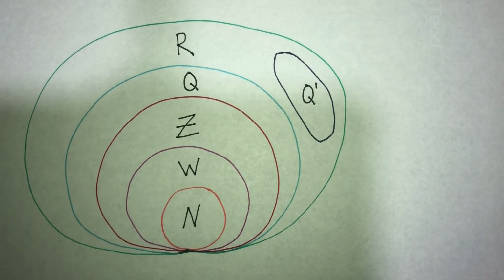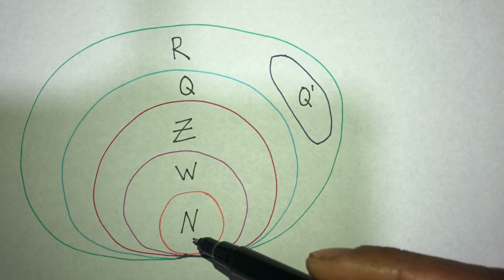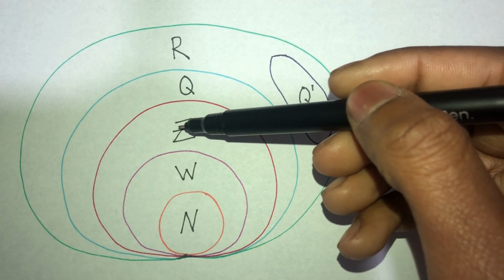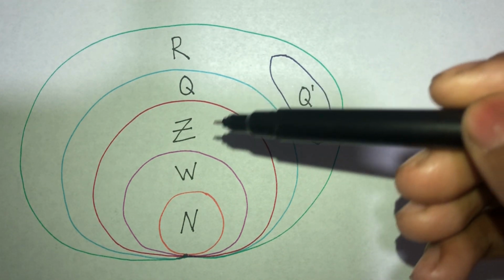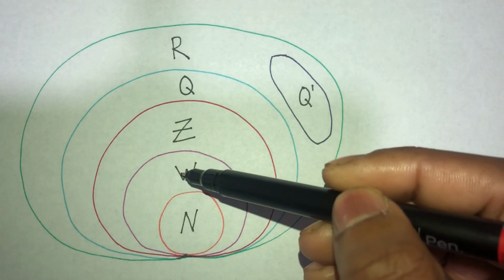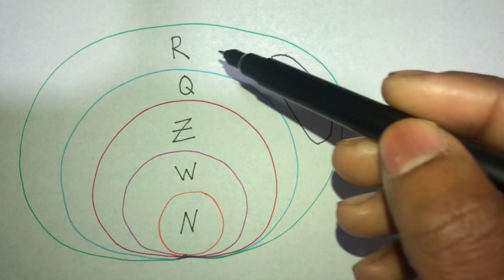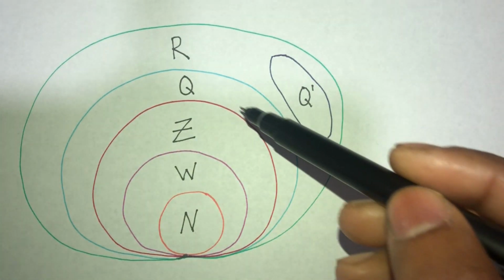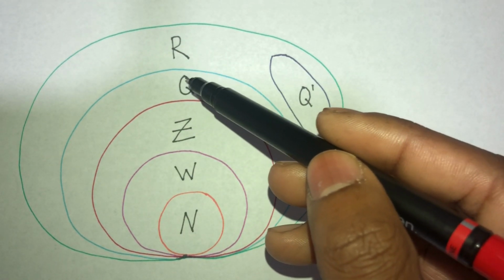So we can also say that the set of natural numbers and whole numbers are subsets of the set of integers. Natural numbers, whole numbers, and integers are also subsets of rational numbers.